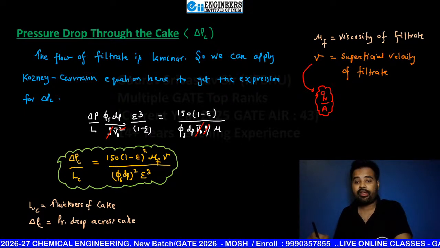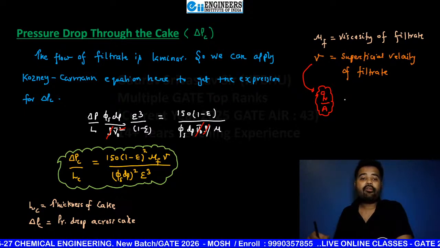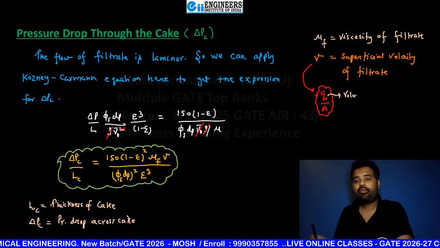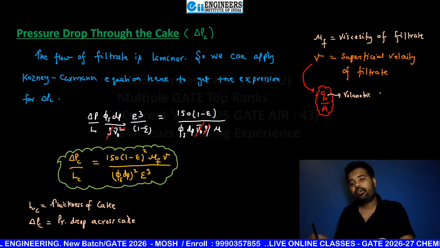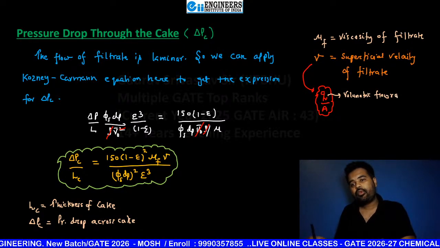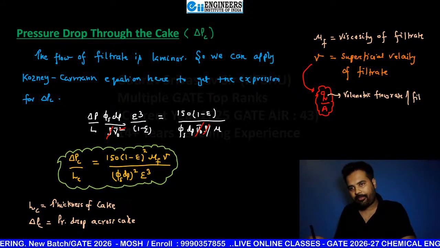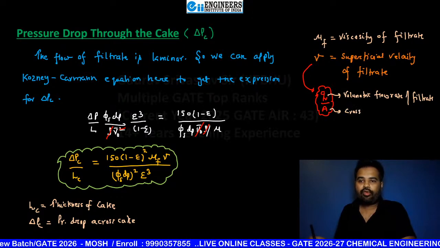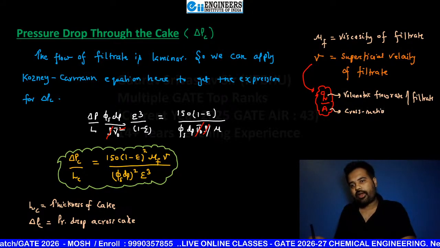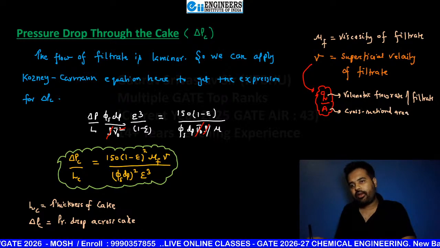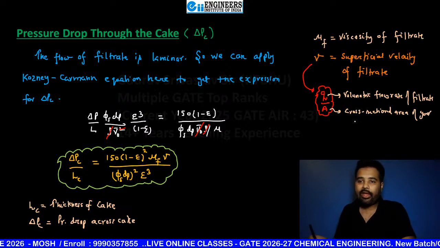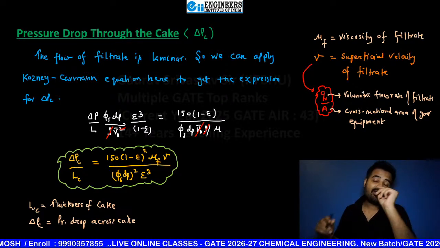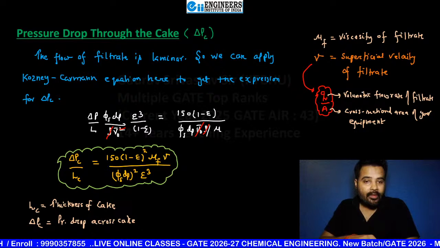A is cross sectional area of your tower, the cross sectional area of your equipment. This is of the equipment, not of the particles that you are using there, or particles of cake.